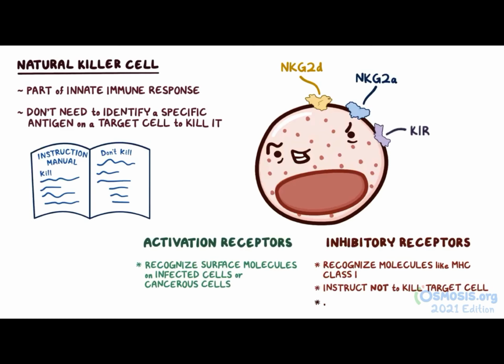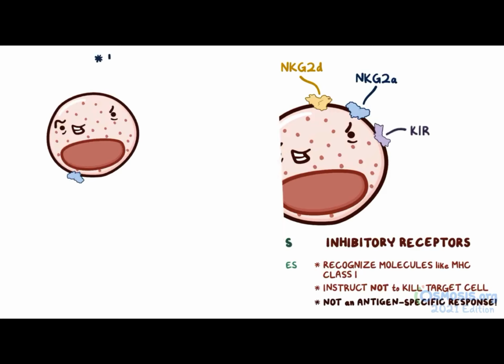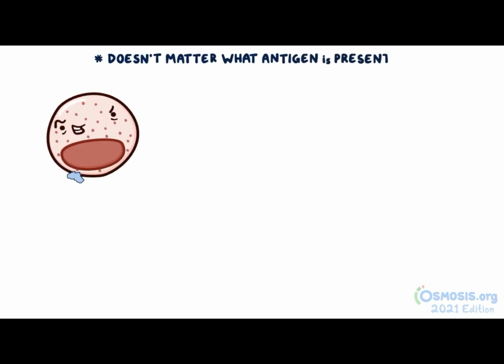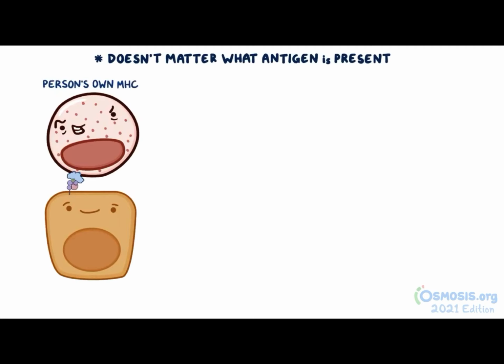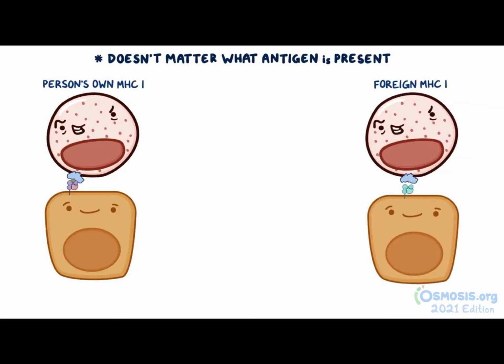To be clear, this is not an antigen-specific response. So it does not matter what antigen is present in the MHC I molecule when the NKG2A binds it. Instead, what matters is that the MHC class I molecule is present, and that it's a person's own MHC class I molecule, rather than some foreign MHC class I molecule.